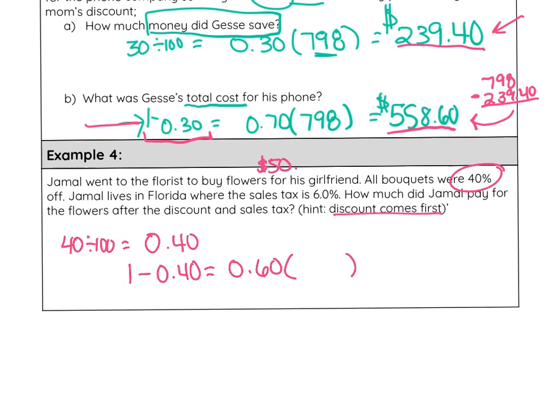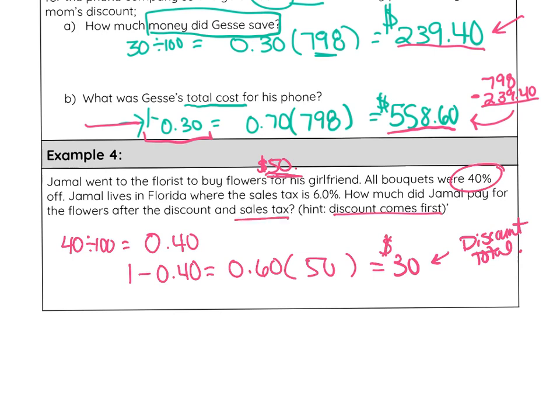Then we're going to multiply 0.60 times the $50, the original that I just added in. So 50 times 0.60, you get 30. So that's how much he's paying with the discount, the discount total.